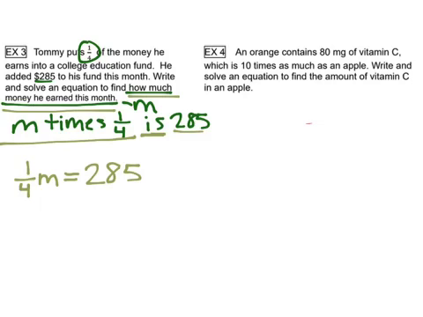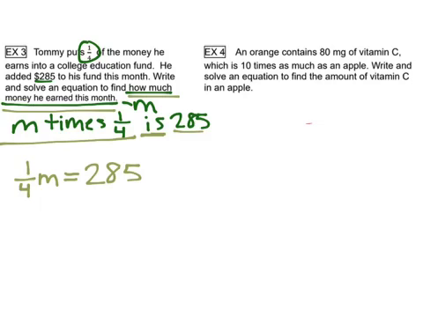From here, we have 1/4 times M. Now, we saw a problem like this in the first lesson, where we had a fraction times the variable. If you remember, what we did was multiply on the left by the reciprocal.